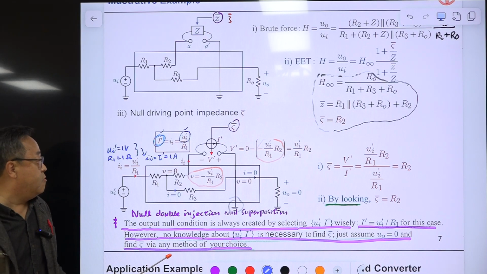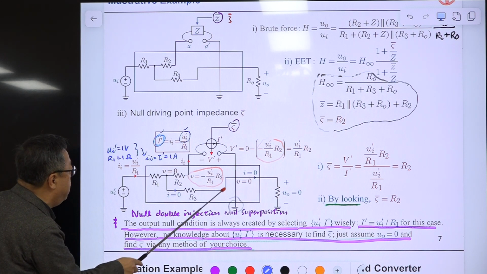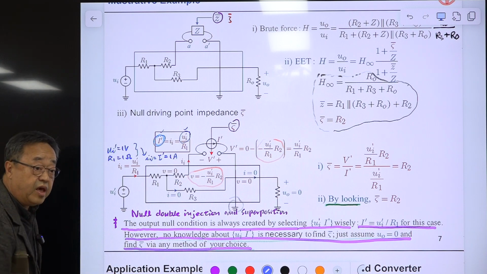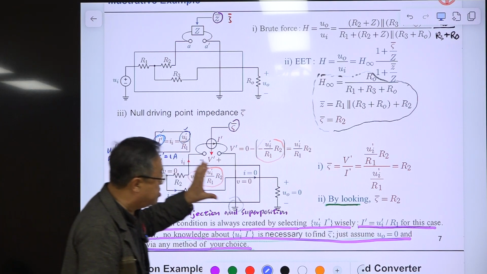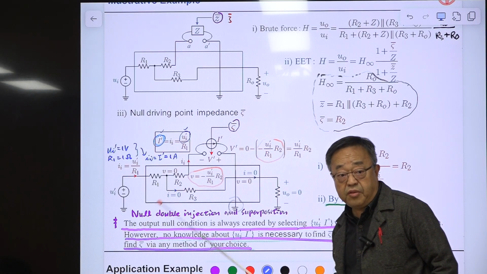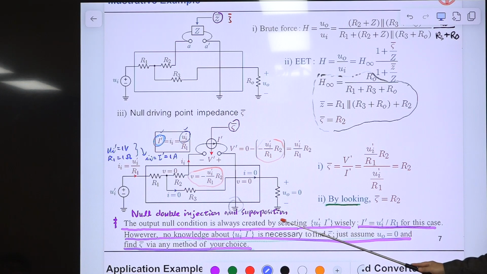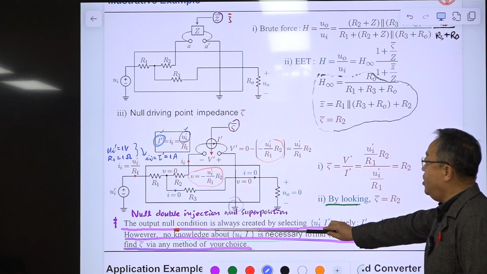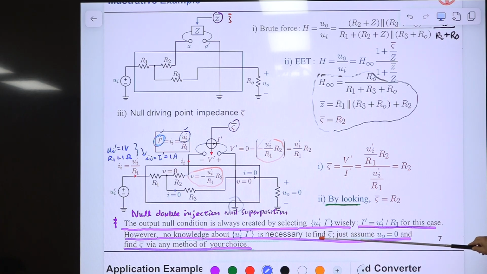So in here we used this condition and we found out this condition. That is 1 amp. But you don't have to find out this condition. You assume this is established with some pair of this and this. Their relationship is adjusted to make this one 0. That is the comment: the output null condition is always created by selecting these two inputs wisely. For this case, this is the condition for this.